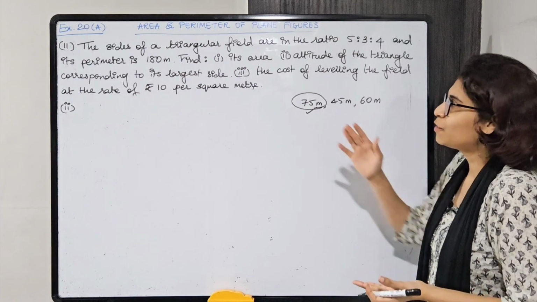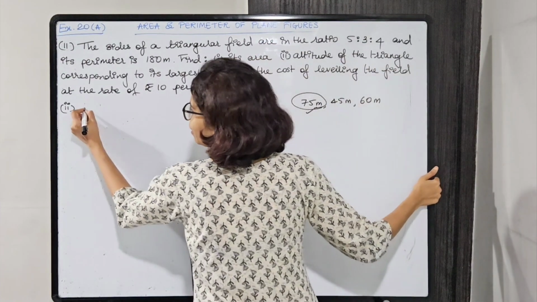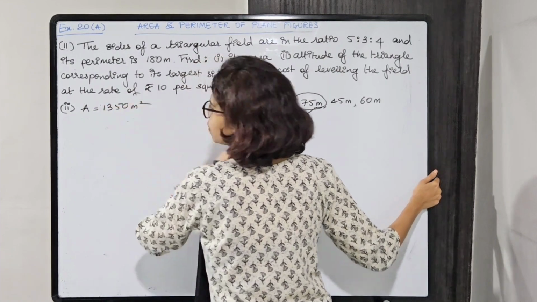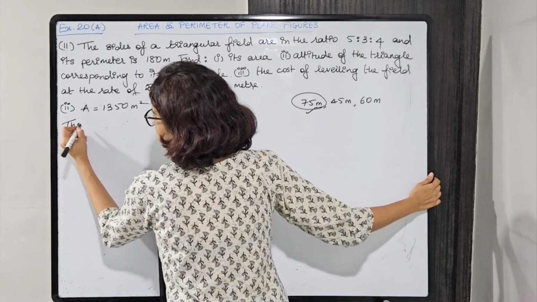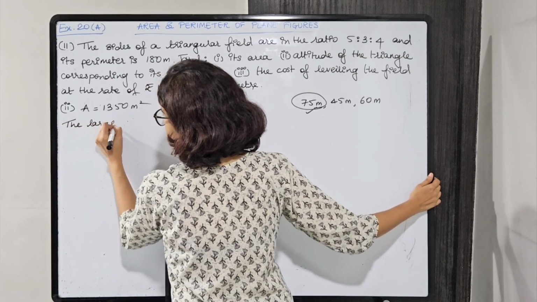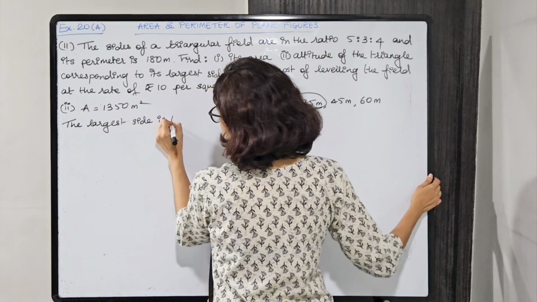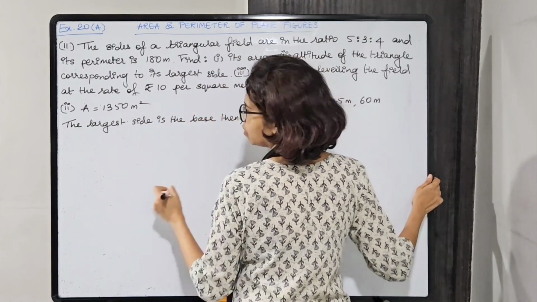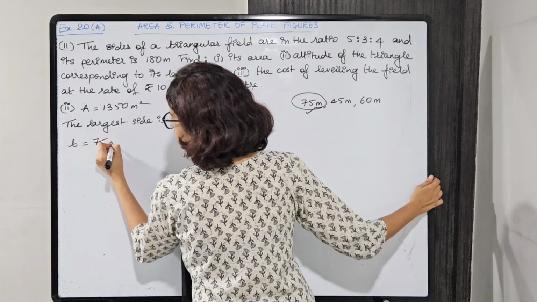Area we already found in first part. So we know that area of the triangle is 1350 square meter, we just found, right? Largest side is the base, so write down the largest side is the base, then B will be 75 meter.